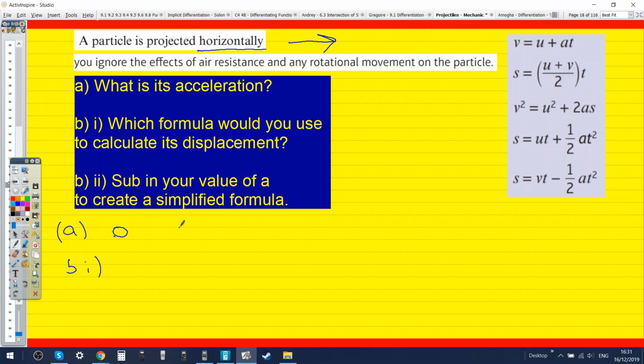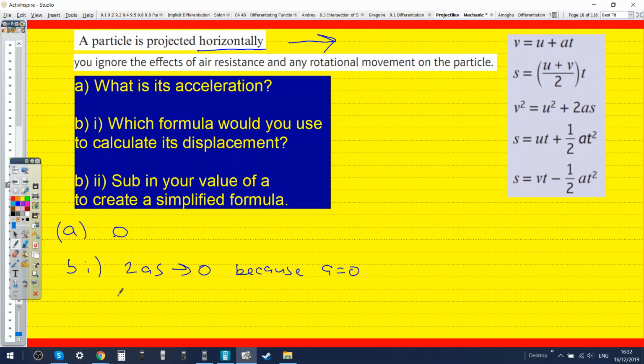Would it be v squared equals u squared plus 2as if we don't know the time? I think you would not, because 2as would become 0 because a is 0, and that would obliterate the s. Okay.